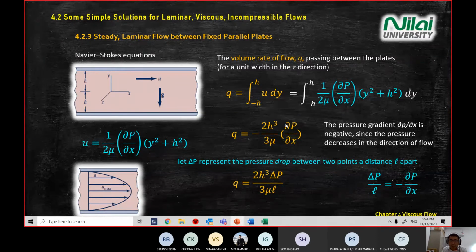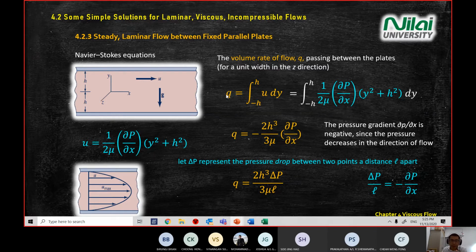You can take away the differentiated term and put in the quantitative term, meaning you can measure delta P. So based on this assumption, this mathematical model, you substitute inside there, you get your volume flow rate q equals 2h cubed del P divided by 3 mu L. So this is just an application of the Navier-Stokes equation to get the volume flow rate q.